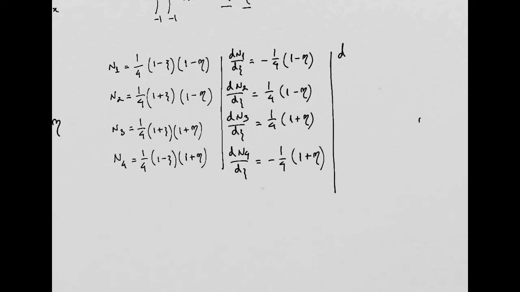So the derivative of N1 in order to eta is going to be equal to minus 1 over 4 (1 minus xi), right?